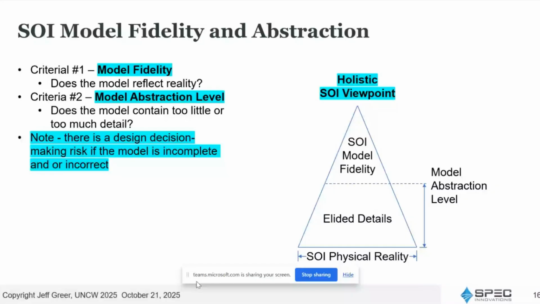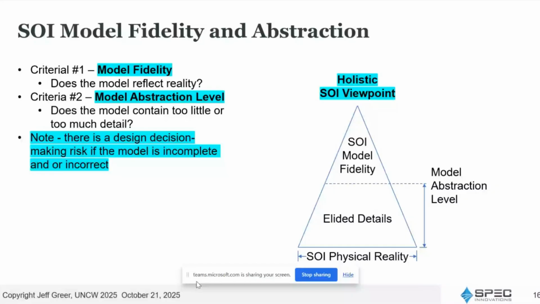So when we think about fidelity, we need to match physical reality, and then we need a sufficient level of detail based on the abstraction level. If you have issues with either of those quality criteria, you might experience a decision-making risk if the model is incomplete and/or incorrect. So it's important to manage the quality of the SOI model.